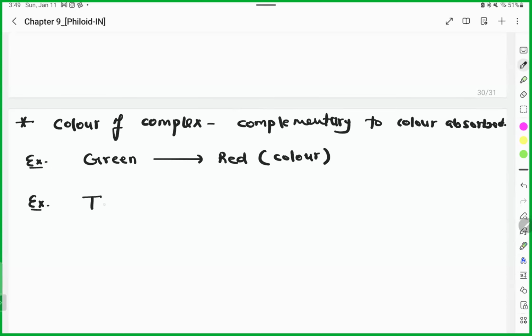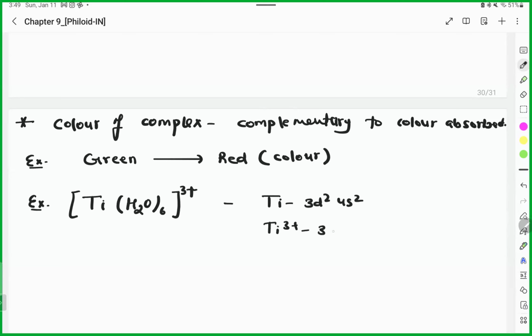If you take the titanium H2O6 molecule, take titanium 3 positive. You know titanium electronic configuration is 3d2 4s2. If you remove 3 electrons, it will be 3d1.